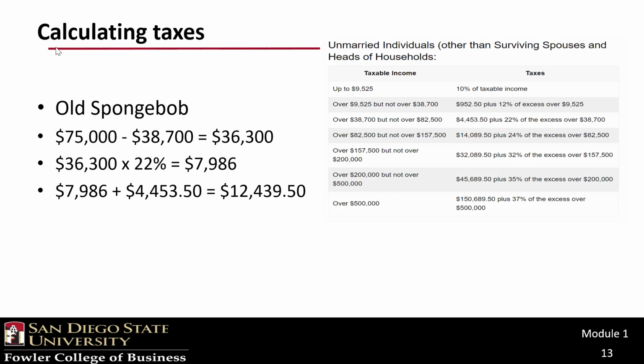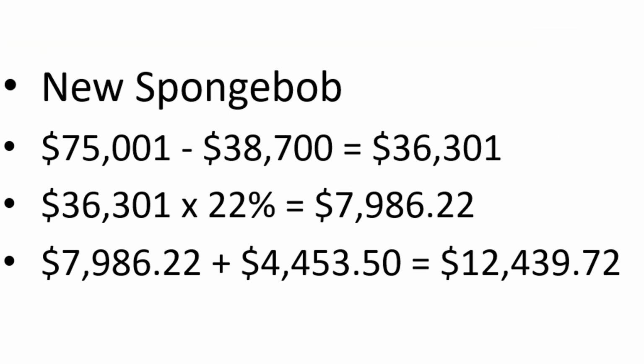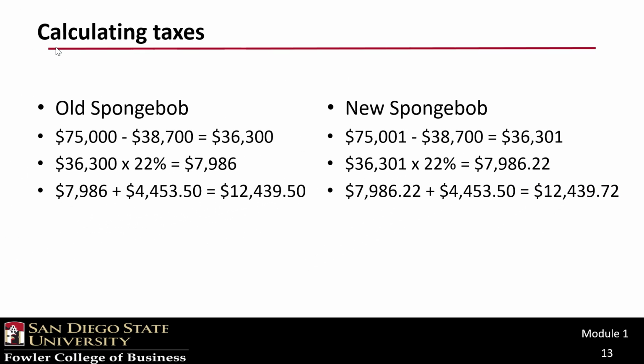The $75,000 minus the $38,700 times the 22% plus the dollar amount is about $12,000. So we need to do the same thing for SpongeBob with one more dollar. So now we take him up to $75,001 and we grind through the calculation and we see that his tax is $12,439.72. The difference is 22 cents.